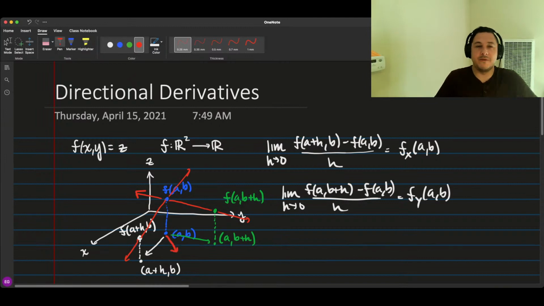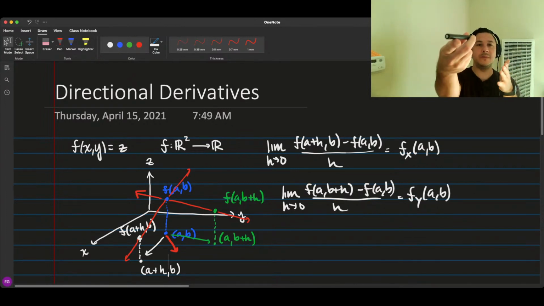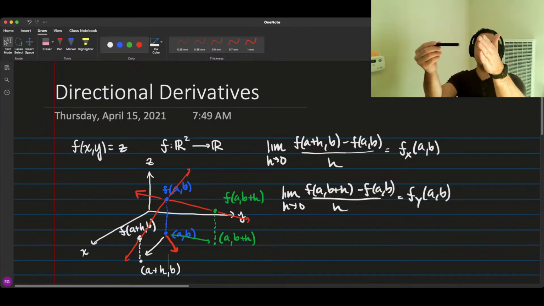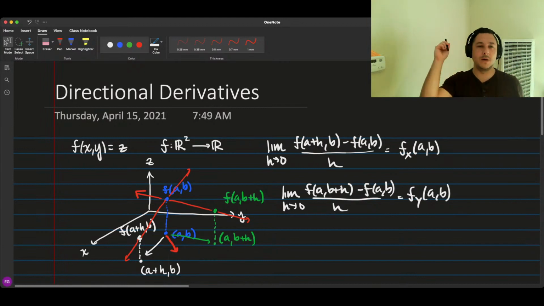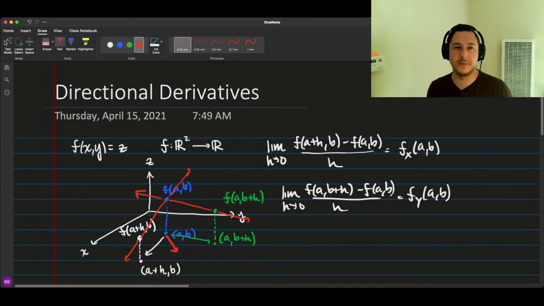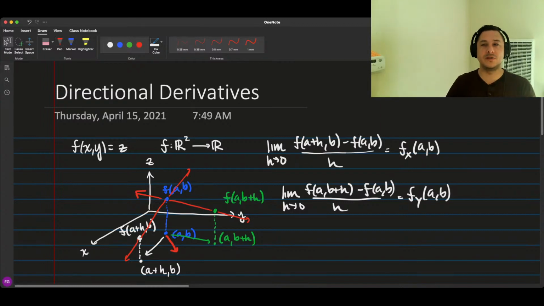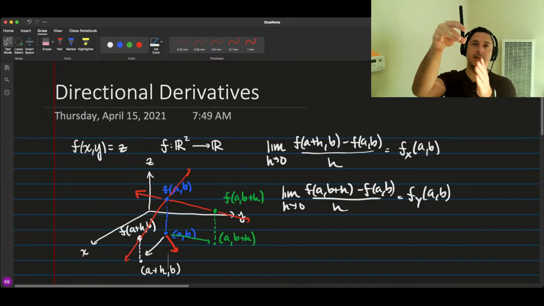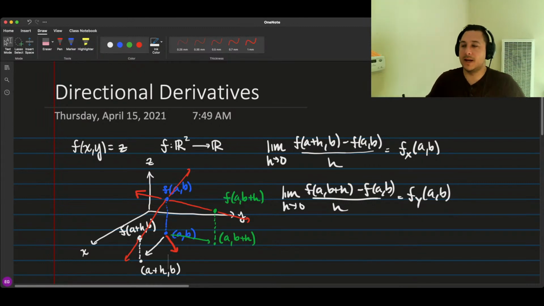And we're going to talk now, finally, about how you actually get the derivative in any general direction, not just moving away from the point parallel to the x-axis, not just parallel to the y-axis, but if you want to go in any random direction. So that's what we call directional derivatives. Hopefully this has activated your memory about the partial derivatives. The partial derivatives are just, you move away from the point at which you want your tangent line, parallel to the x or y axis.